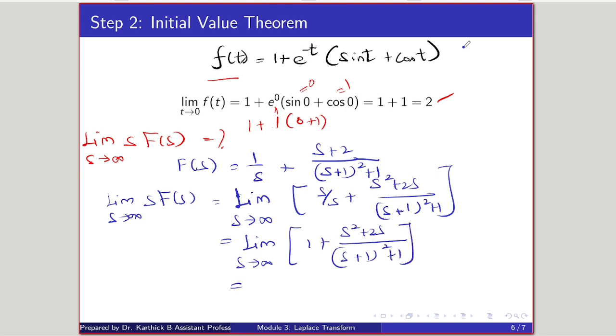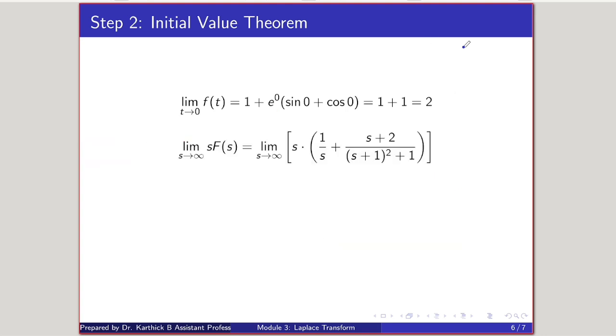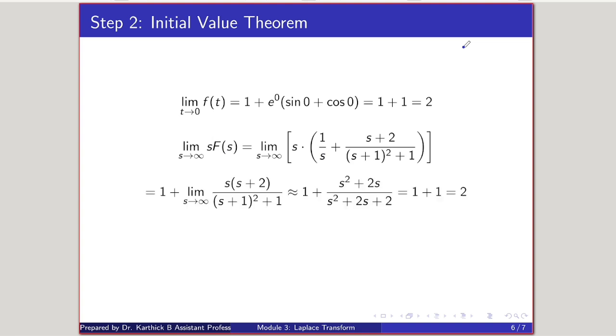Now we can split this term: limit s tends to infinity of 1 plus limit s tends to infinity of s square plus 2s divided by s plus 1 whole square plus 1. So to evaluate this step, we will calculate 1 plus the limit of this term.